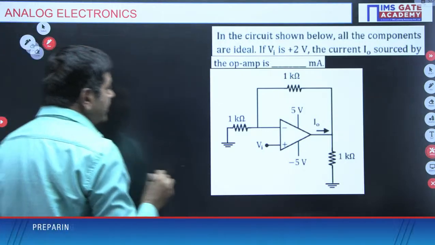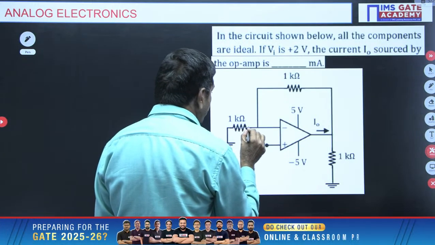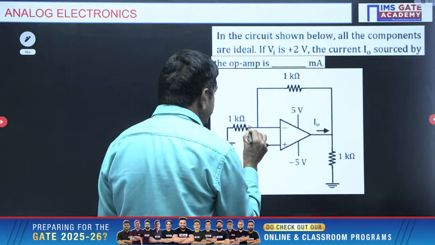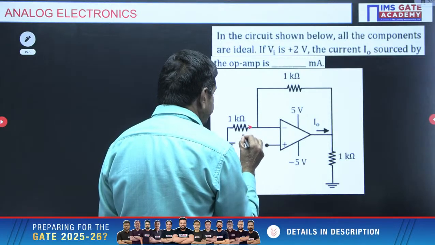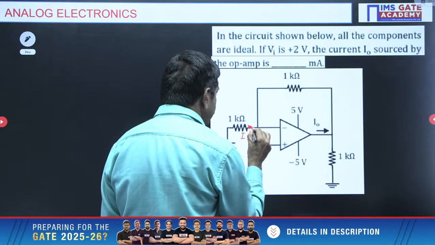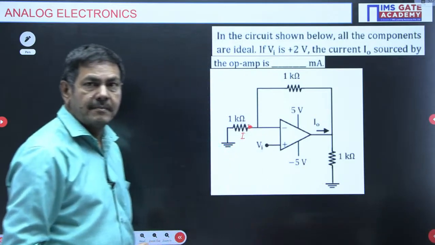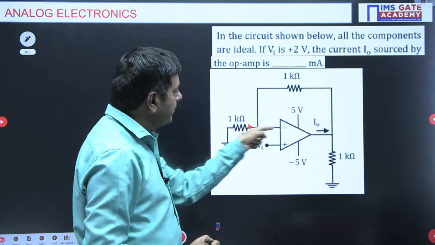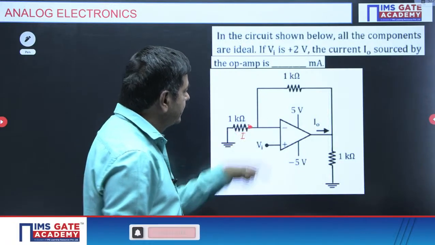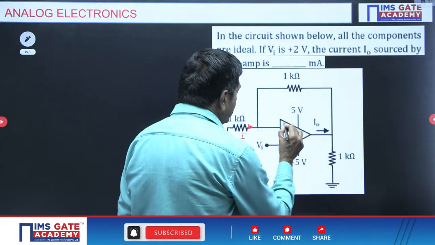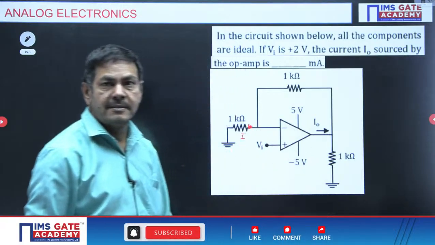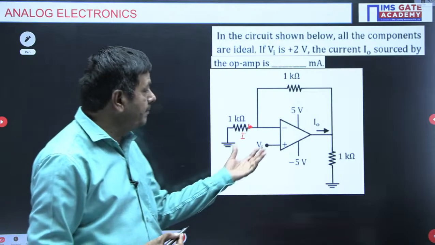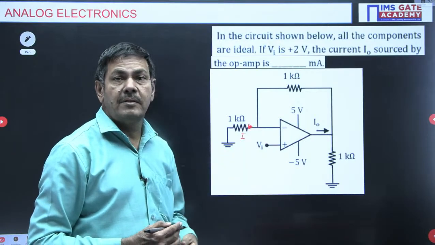We need to find this current first. This current is I. But the op amp is ideal. If the operational amplifier is ideal, is any current passing this side? No current will flow this side, because an ideal op amp has infinite input impedance.